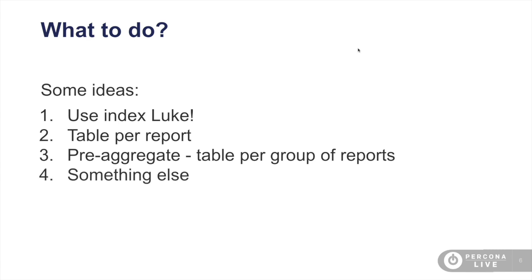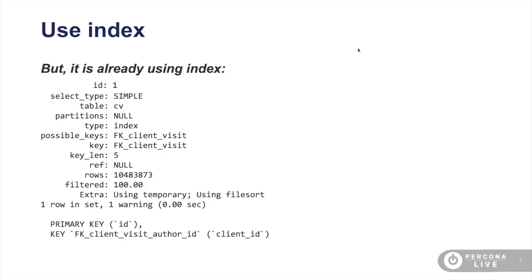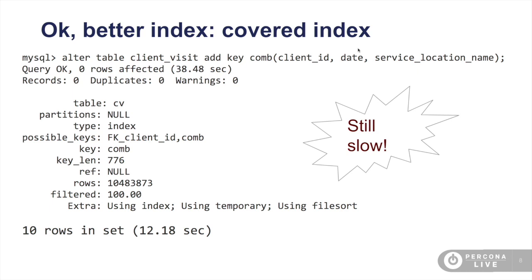So let's take a look. Use an index. But this is already using an index. Our query that I have shown you is using an index on client. This is our index, the client ID. Well, maybe that is not enough. Maybe we need to create a covering index.